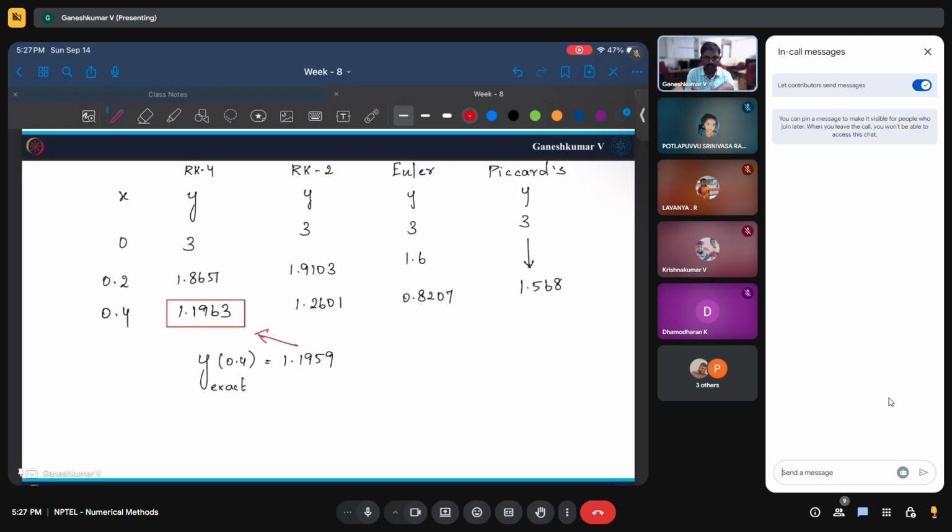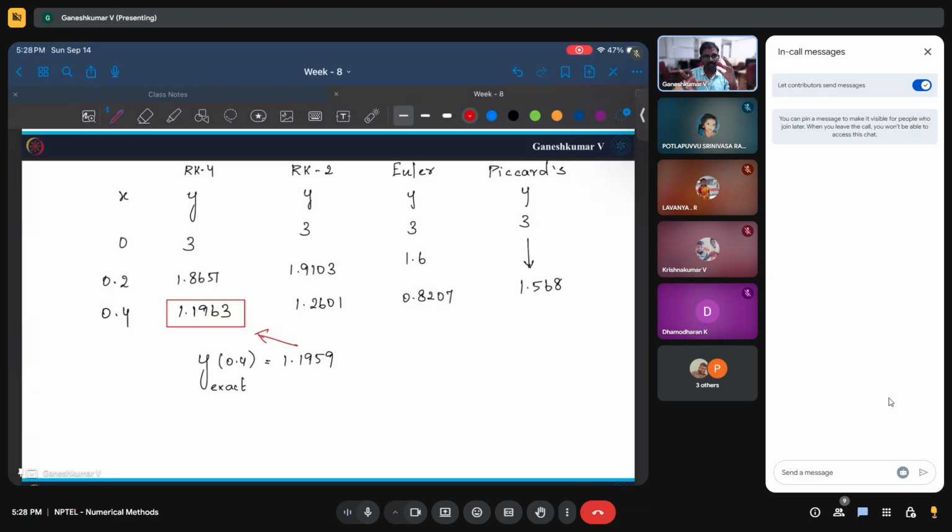Already you are in the order of, what is the difference? It's 0.0004. So after RK4, your methods become more and more complex, requiring more and more function evaluations. Right? So the time consumption, in the sense, whatever, not what we are calculating by hand.